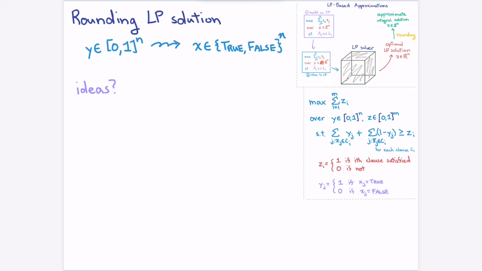Yeah, so the LP is going to give you these fractional values for all the variables. And you want to turn them into actual xj is equal to true or xj is equal to false decisions. Like if it's bigger than 0.5, round up.